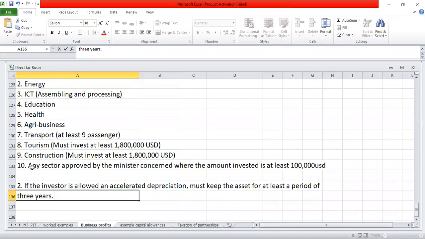If you sell the asset, in that case, the investor will have to pay back the tax lost on that asset and the interest.